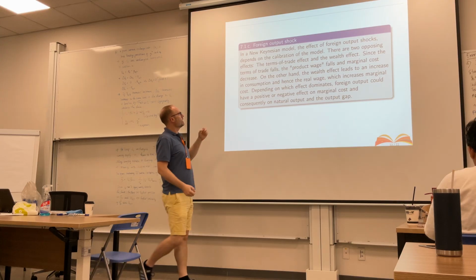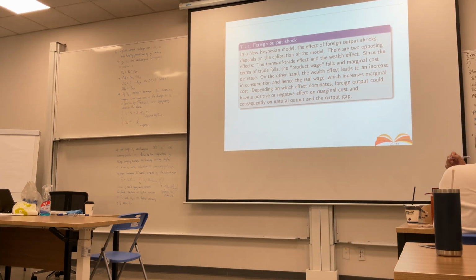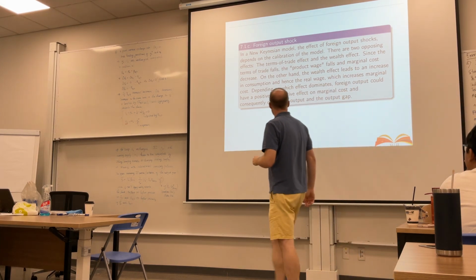And this was the terms of trade effect and the wealth effect. So it's the same sort of substitution and income effect. They cancel out when sigma is equal to 1.